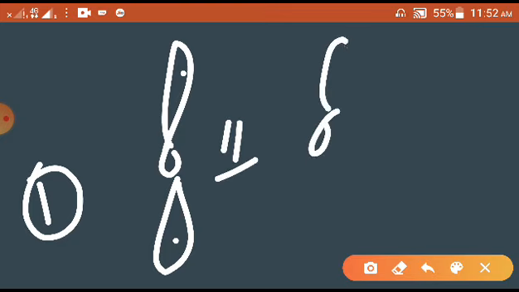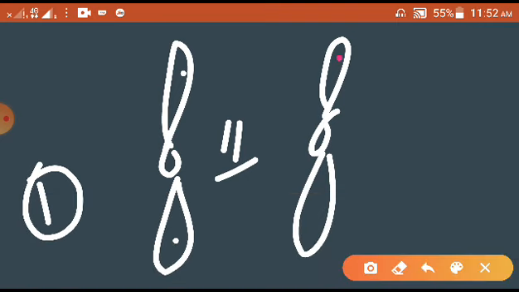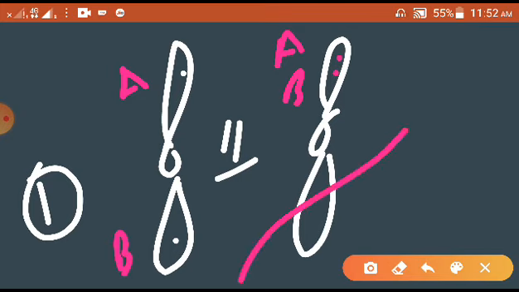What is happening in condition 2? Here you can see one gene is present here and another gene is present here. This is gene A, and this is gene B. Gene A and B are both present in that particular location. So what is happening here? Suppose the crossing over takes place in the other limb, here.